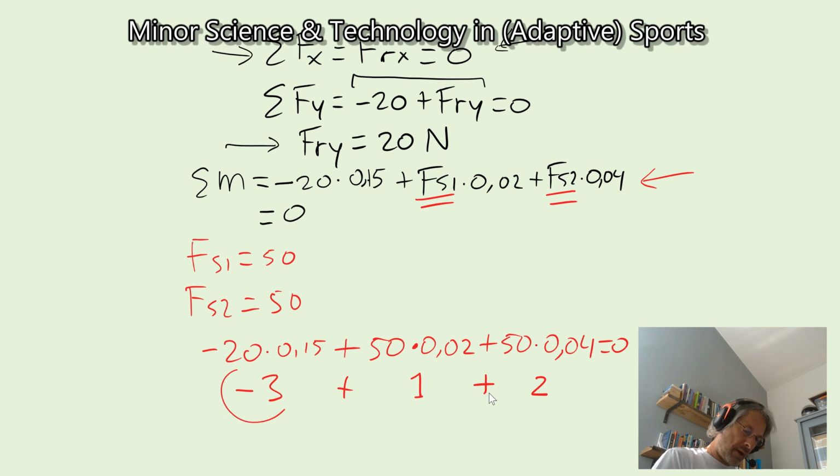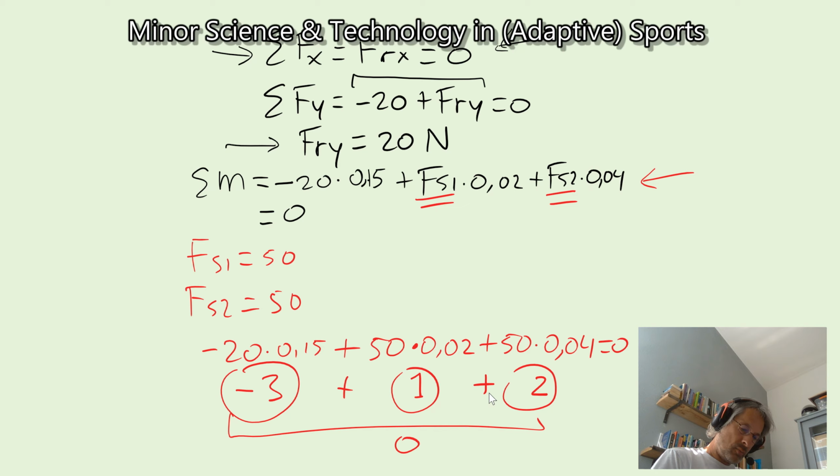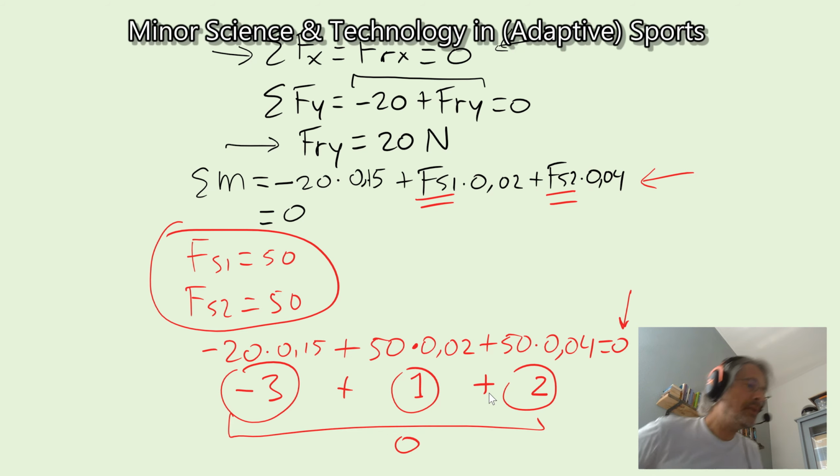So here we have minus 3 plus 1 plus 2, and that of course together gives us 0. And on the right hand side we also have 0. So this way you can check whether this supposed solution is a correct solution. And well, as we have shown, this is indeed a solution.